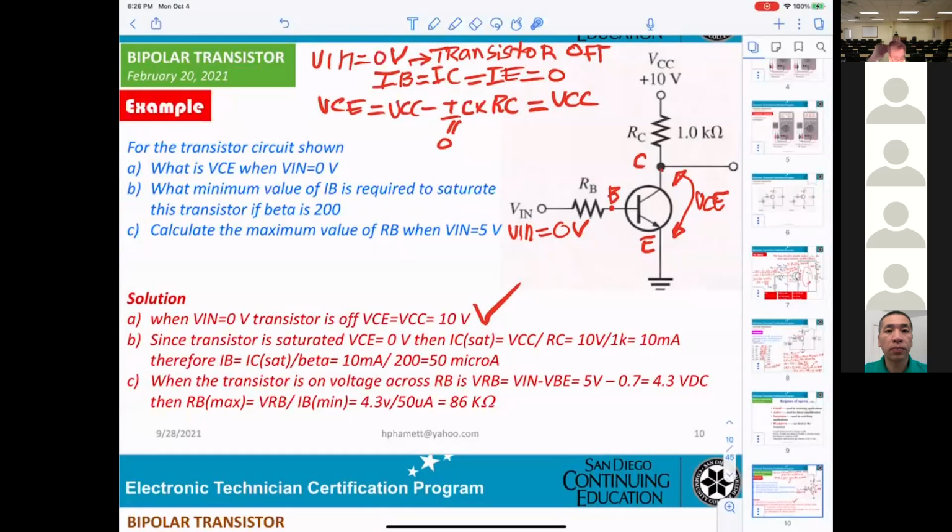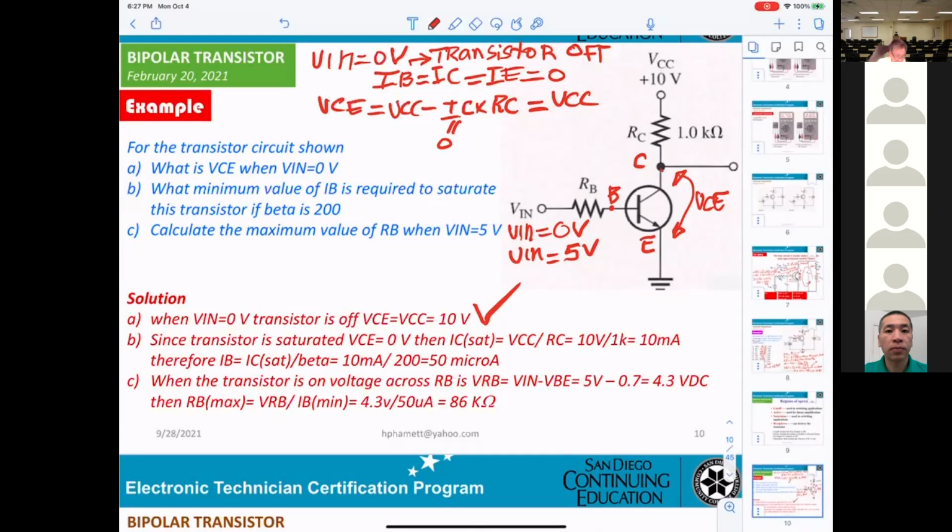Calculate the maximum value of RB when Vin equals 5 volt. Now they gave you Vin equals 5, and what they want is RB. Okay, I can go to that question.